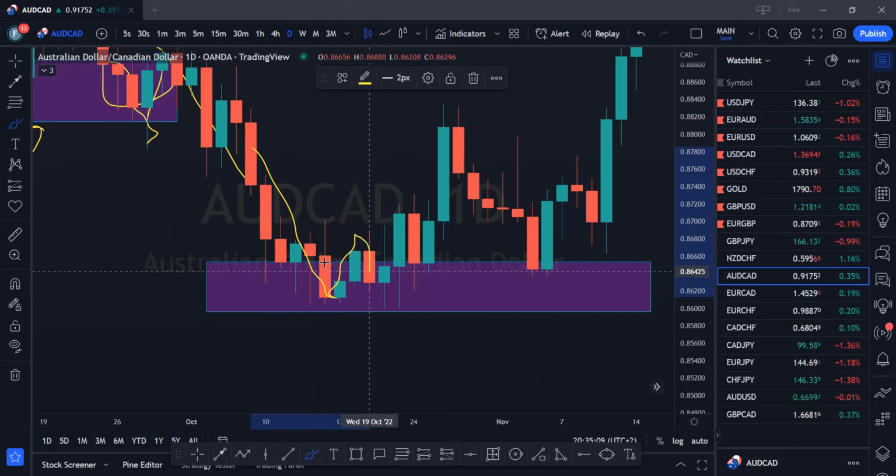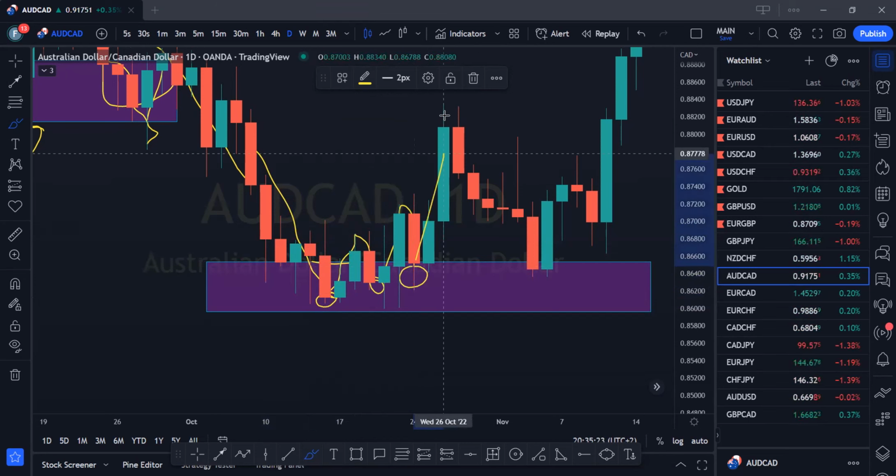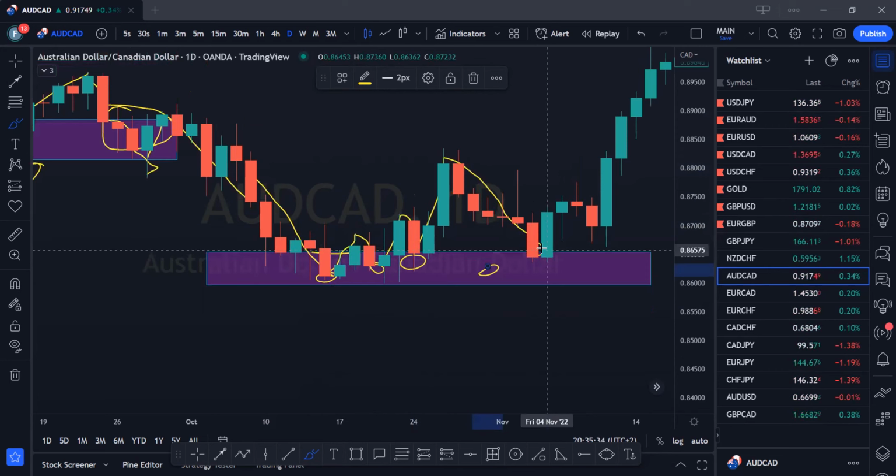So this in itself, we've highlighted the support zone like so. First touch, second touch, price came up. Third touch, you can see third touch pushed price up, right? Fourth touch, price came back still in this support zone, and then ultimately this support zone pushed price all the way up.